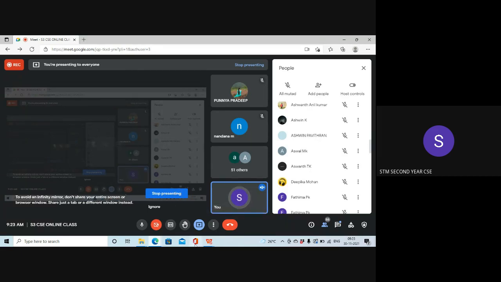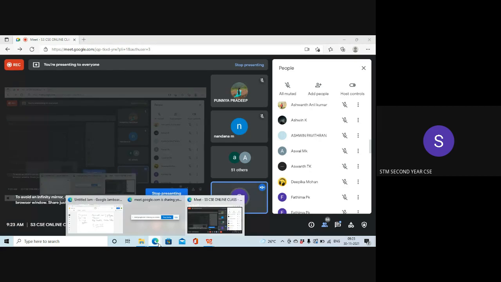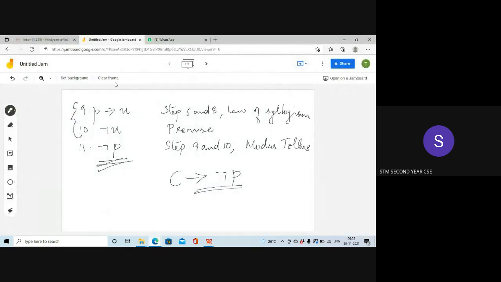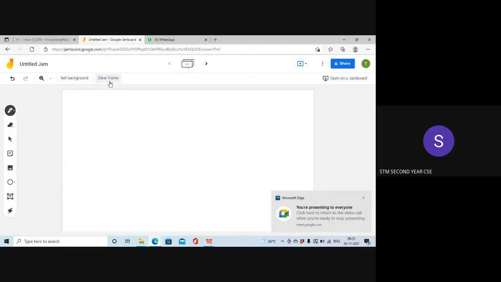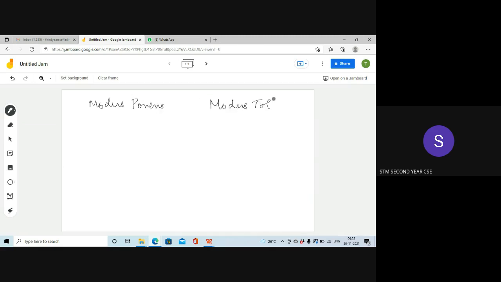So I'm summarizing the rules. We had studied three rules: modus ponens, modus tollens, and the law of syllogism, isn't it?